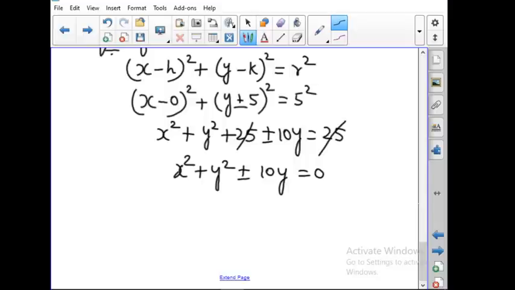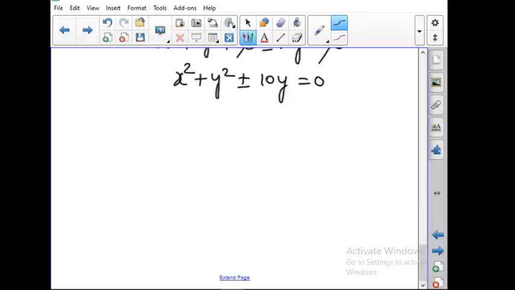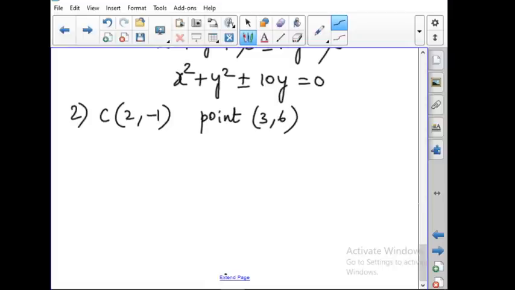Okay. Now let us move with next problem. Problem number 2. Find the equation of the circle with center, it is given, 2 comma minus 1 and passing through the point, a point is given as 3 comma 6, in standard form. So first let us make the circle equation by using the center given.